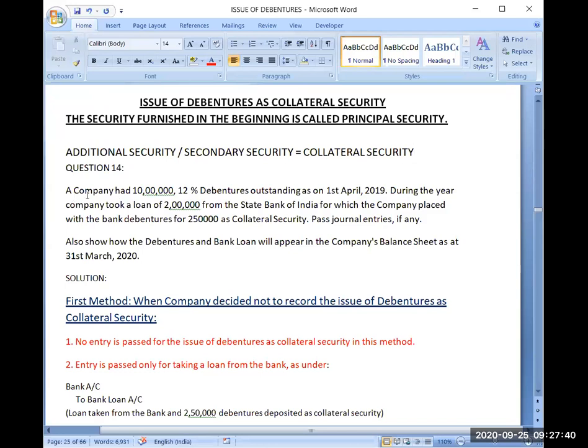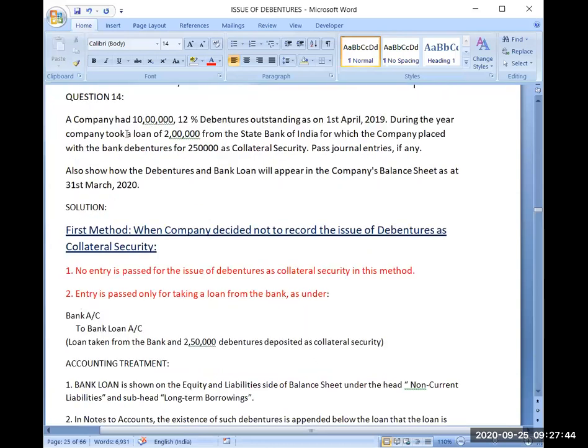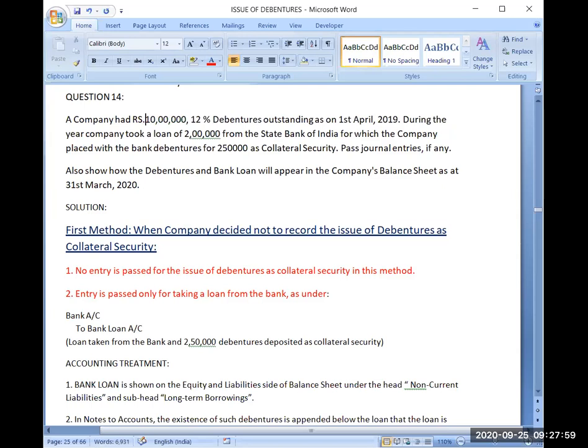Now, see this question. With the help of this question, we will learn that a company had 10 lakh 12% debentures outstanding as on 1st April 2019. It is rupees 10 lakh. What does it mean?